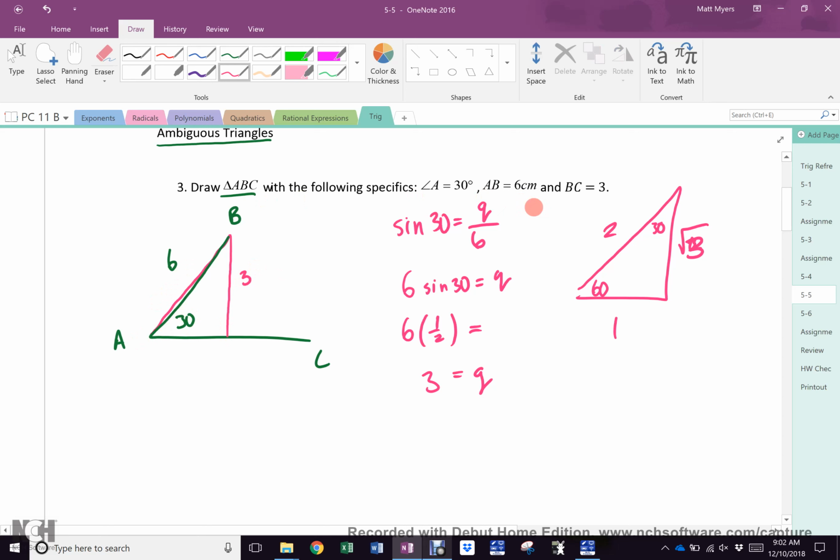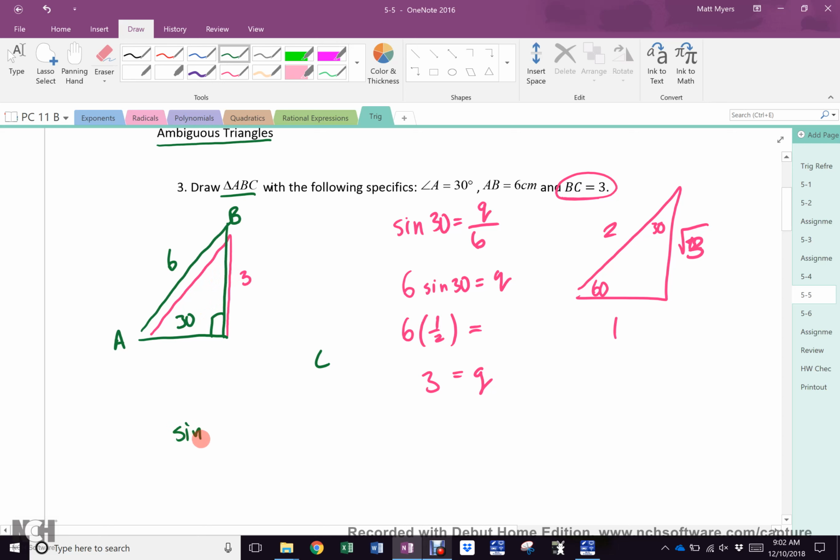The line opposite of A had to be 3. So my green line had to be 3. Is everybody with me? Which made a 30, 60, 90 triangle. Everybody cool?